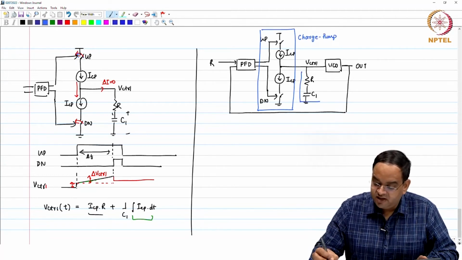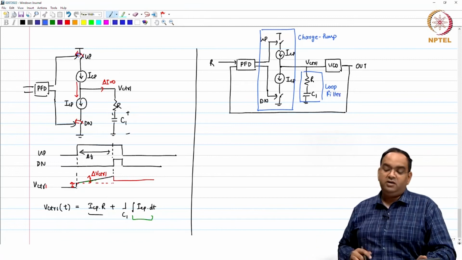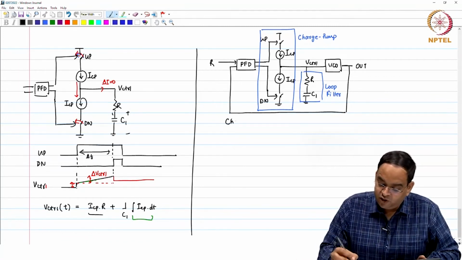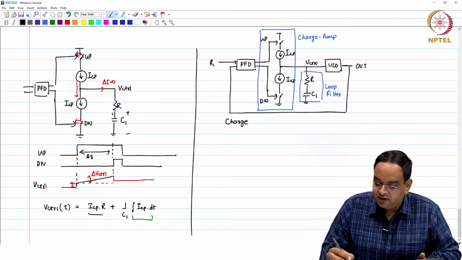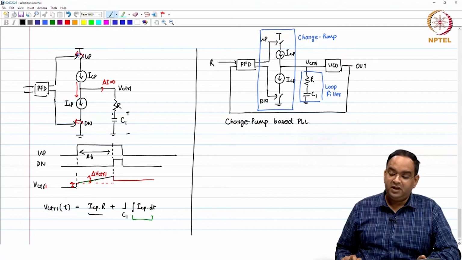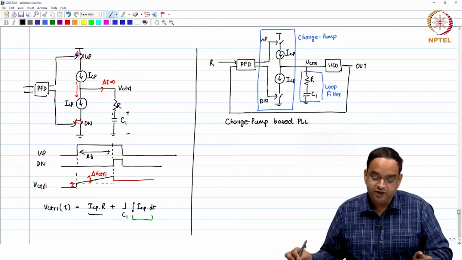This block is our loop filter. Okay. And this particular phase lock loop is very standard and common, and it is called a charge pump based PLL. Okay. So, we have seen how we used it here.